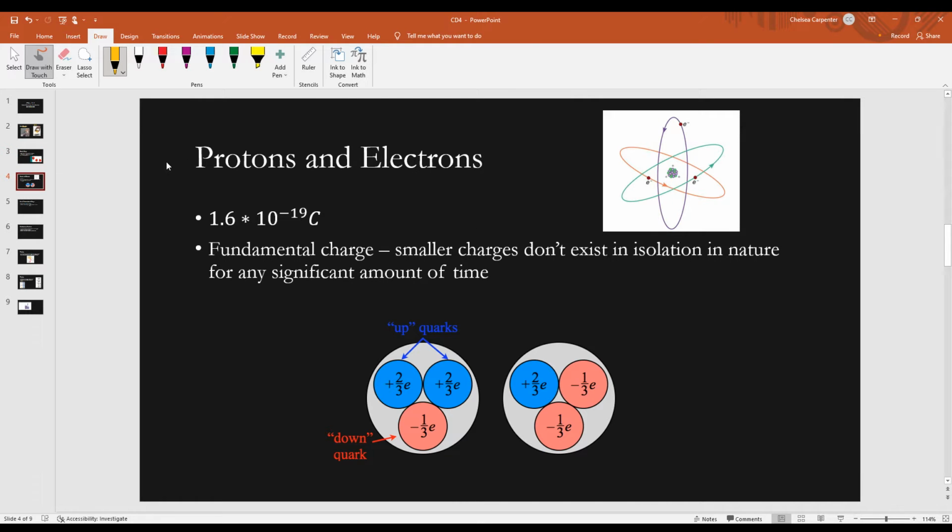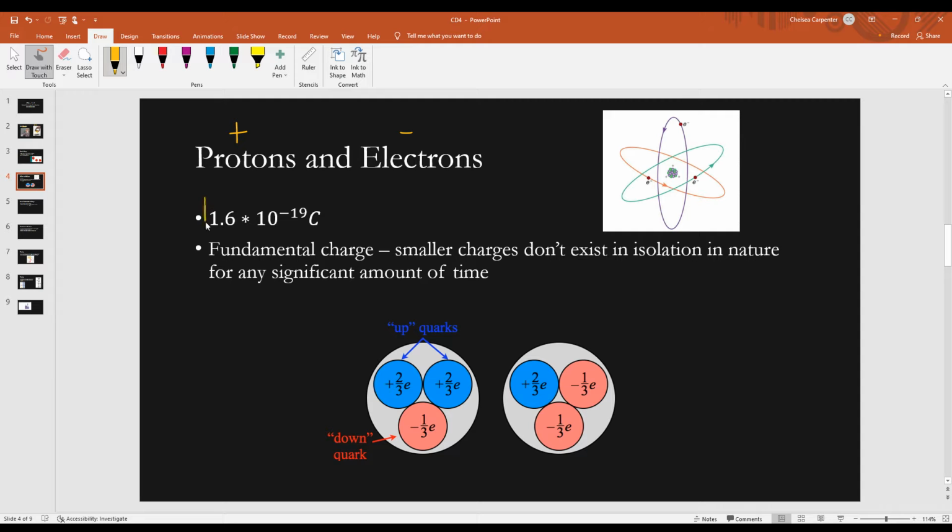So our basic pieces of matter that contain charge are protons and electrons. So protons are our positive charges and electrons are the negative charges. Remember back from chemistry, our positive charges, the protons, are in the nucleus along with neutrons, and electrons orbit around the nucleus.